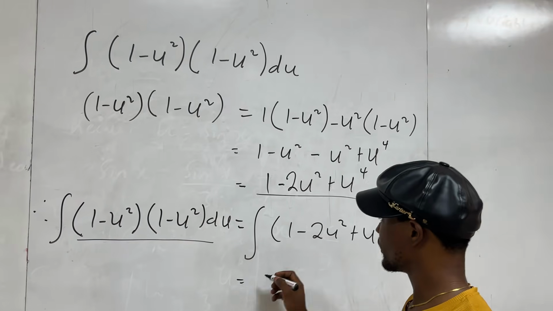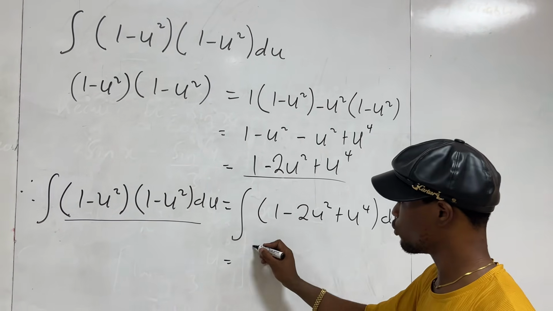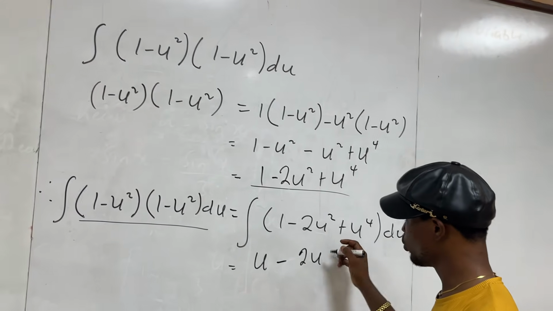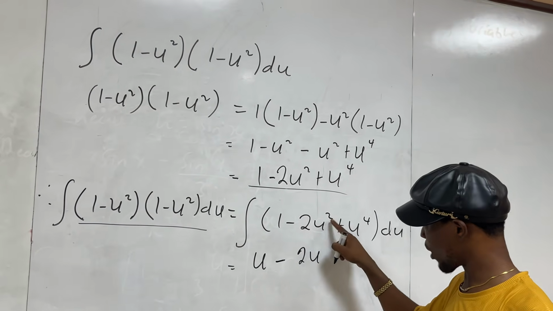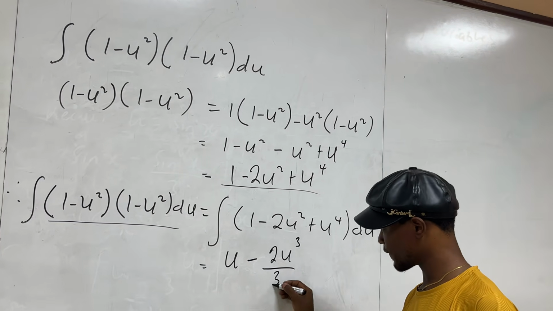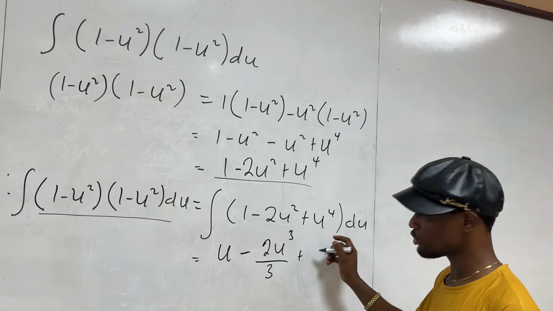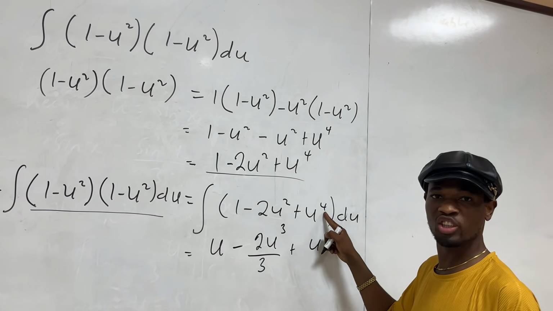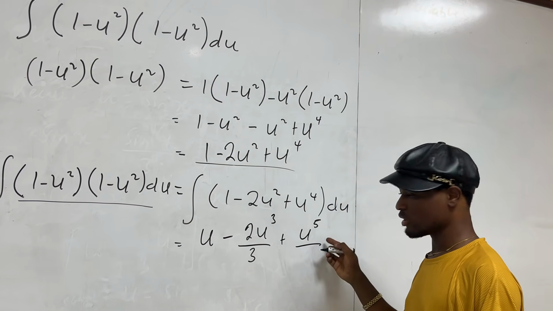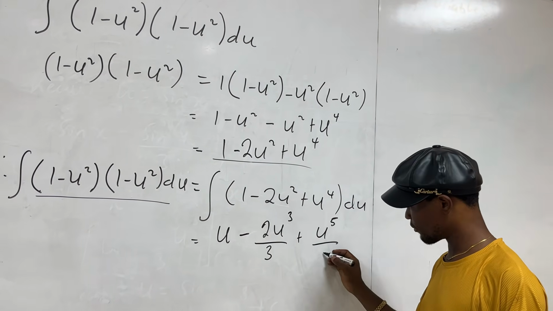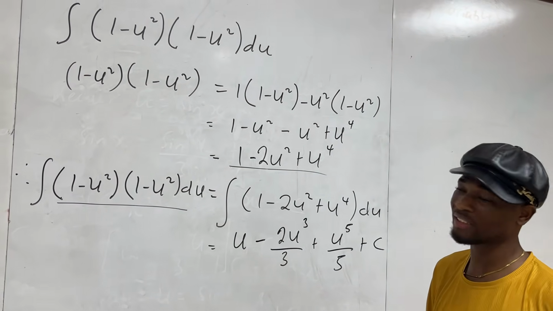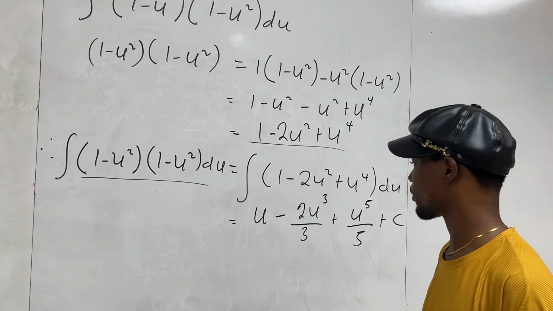So let's integrate. If you integrate 1 with respect to u, you have u, then minus 2u squared; for integration, you add 1 to the power to become 3, then divide by the new power, which is 3. Then plus u to the power 4; for integration, you add 1 to become 5, then divide by the new power, which is 5. Then plus the constant of integration, because it is an indefinite integral.